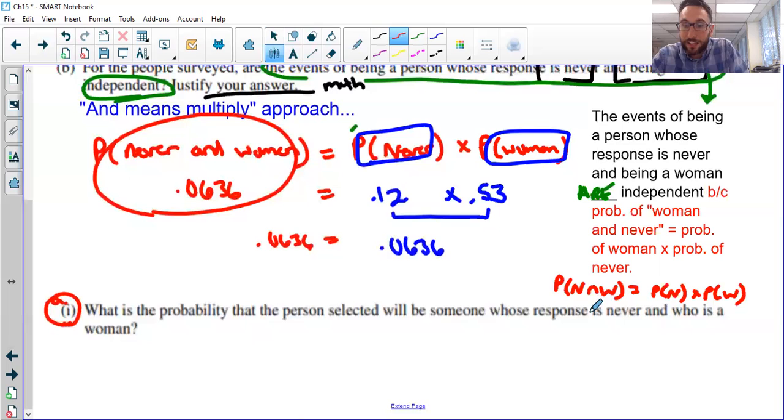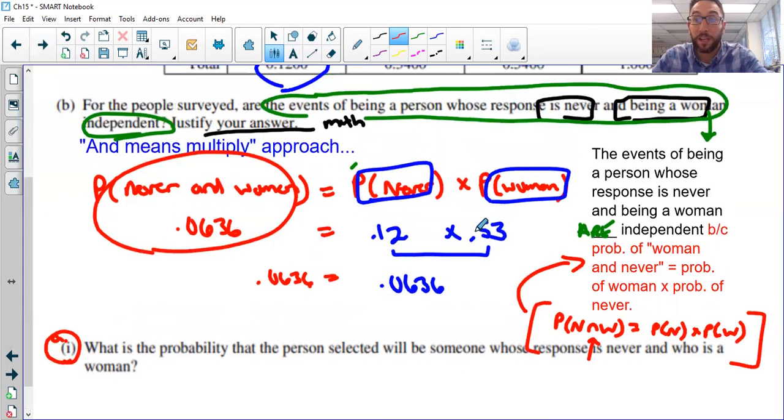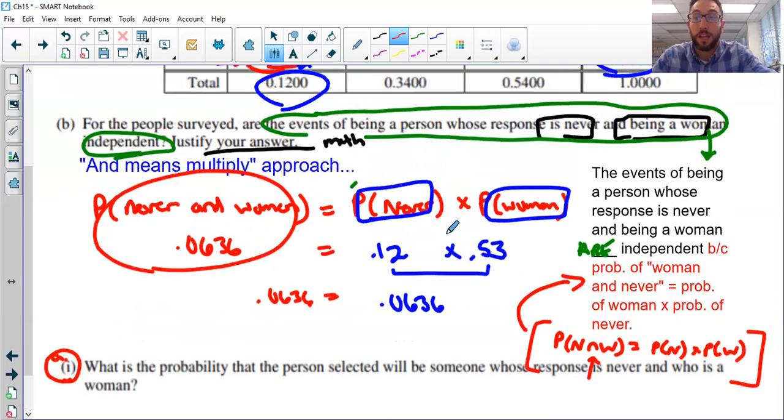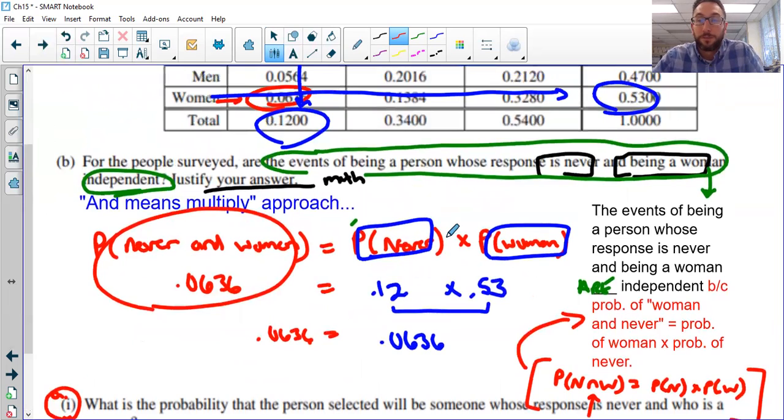Let's say I make a mistake and I didn't use the intersection. If I use the union by accident, now my explanation is incorrect because union doesn't mean and. So you could use the notation, but if you have any hesitation about that, just don't use the notation, because if you use the wrong symbol, you're going to mess up your whole justification. So that's one way, and we're using our answer from A1. I could have, no, I couldn't have, because it specifically said woman and never. Just pretend I didn't say anything there.